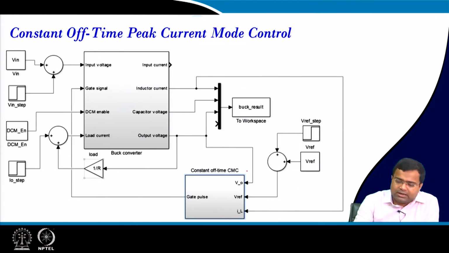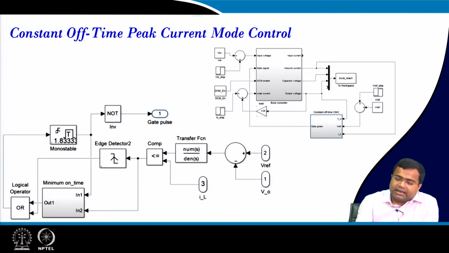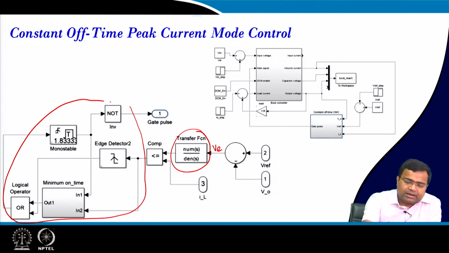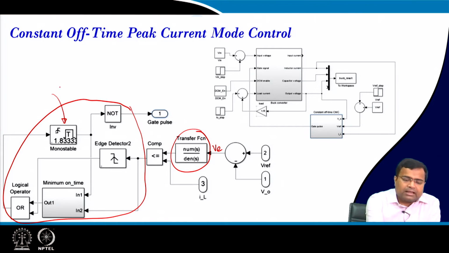Again, this block, only this is the difference. Okay, everything else is the same. How does it operate? Here again it is the error voltage, it is the compensator. So this part is common, and here is the inductor current. But after this comparator, this whole logic is different. In fixed frequency we had a latch circuit, but now instead of a latch we have a monoshot timer, and this is loaded with the constant off time.